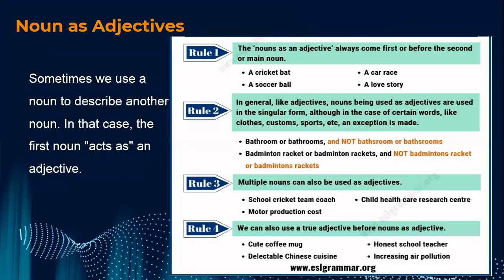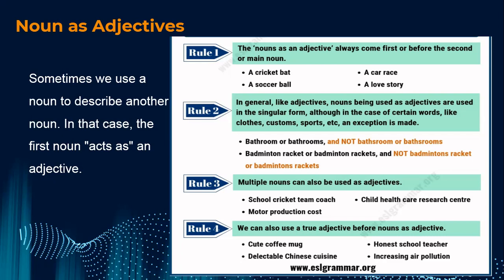Now we can also use a noun as an adjective in our writing, right? So this is how we can use it. Let us see the cricket bat, the bathrooms, the school cricket team coach, okay, the child health care research centers, okay, and the last one is the cute coffee mug.